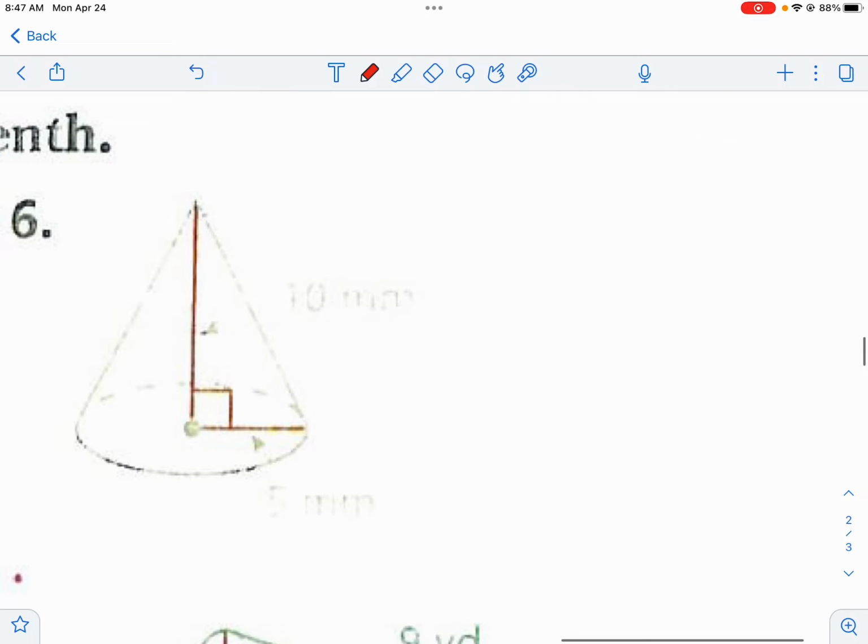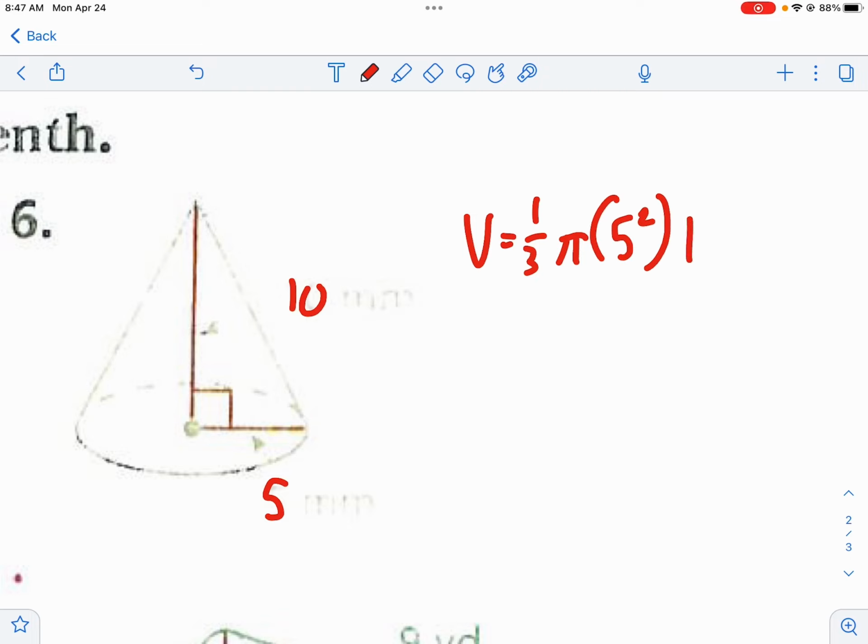Next one, volume, looks like this is a 5, that's a 10, if I can read that right. Volume is equal to 1/3 pi times 5 squared times 10. So 25 times 10 times pi, I'm going to take that number and I'll divide that by 3. And it gives me 261.8 millimeters cubed.